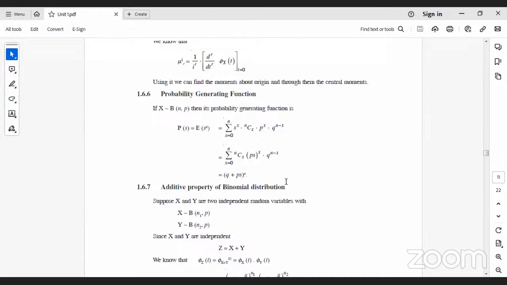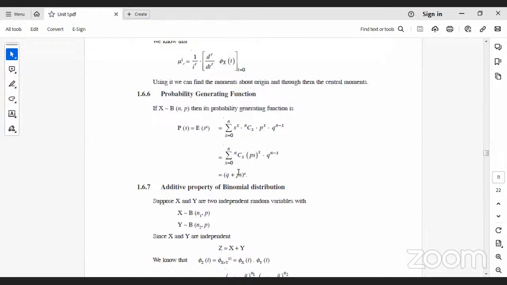Probability generating function. If X follows B(n, p), then its probability generating function is P of s equal to the summation of s power x nCx p power x q power n minus x, x from 0 to n. The same condition applies: summation of nCx (ps) power x q power n minus x.